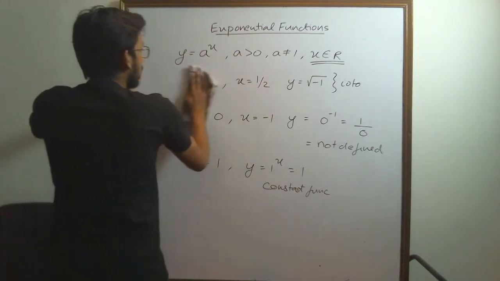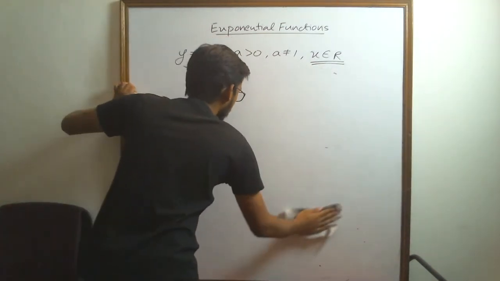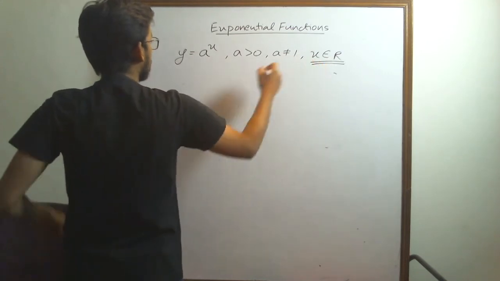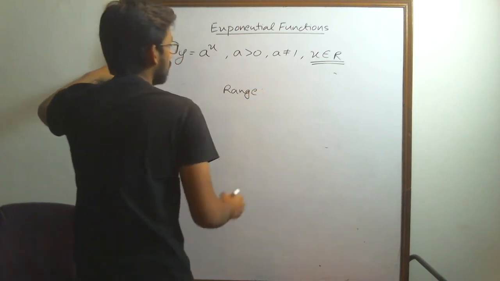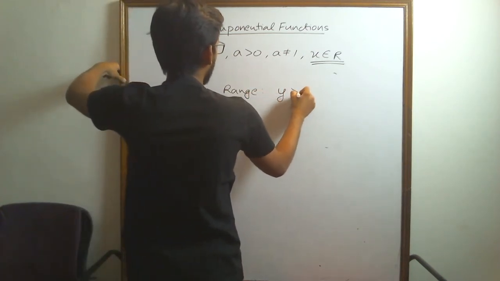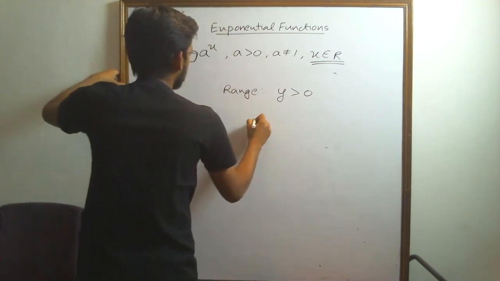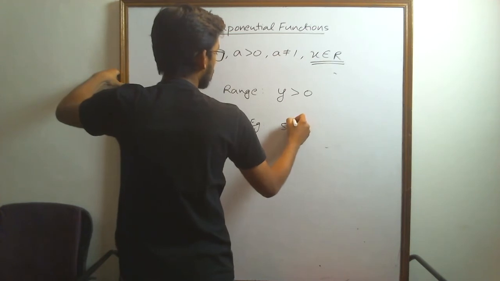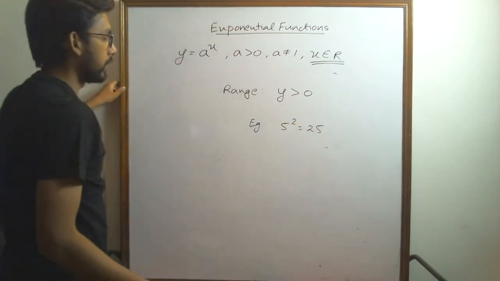So let's look at the graph. First we see the domain and the range. Domain is of course the set of real numbers. Range of an exponential function is always positive. For example, if I take 5 to the power of a positive number, it will always stay positive, obviously.